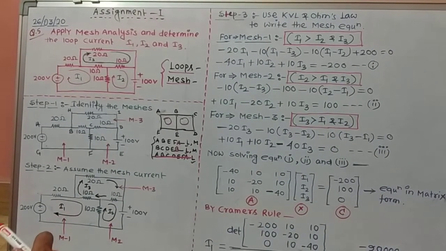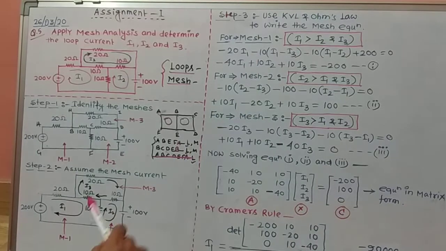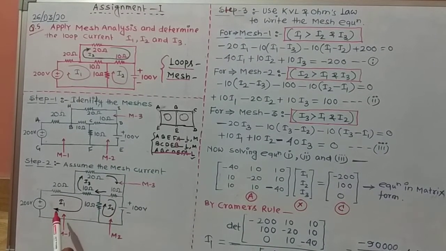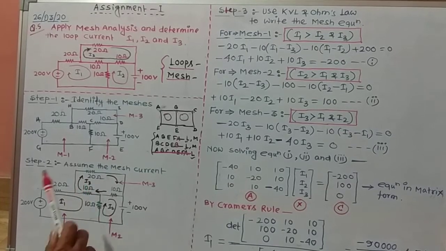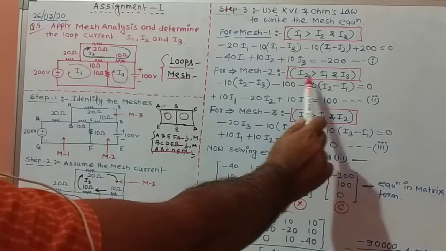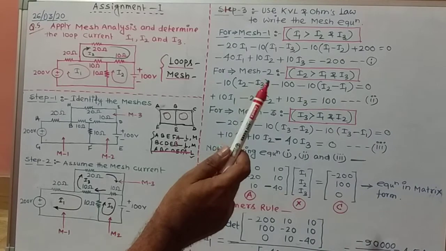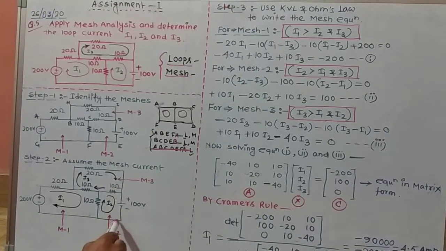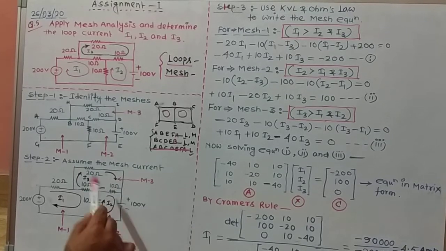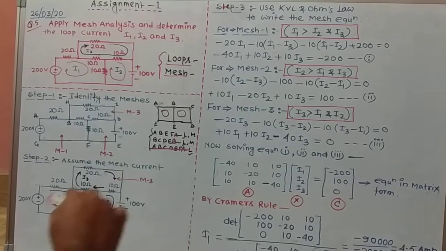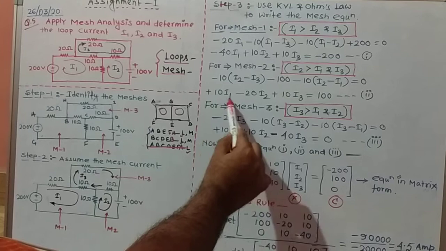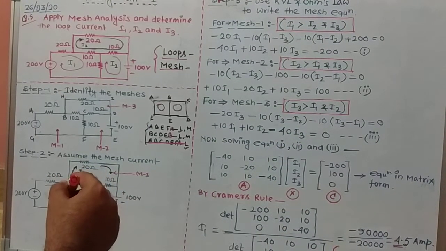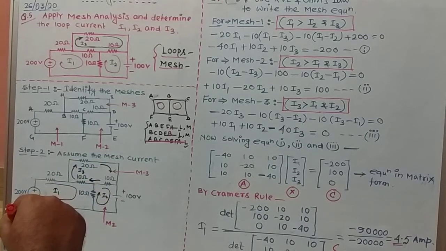Similarly, for mesh number 2, what is the assumption? I2 will be greater than I1 as well as I3. Here in the red box you can see I2 is greater than I1 and I3. Then you apply KVL to write the mesh equation. For mesh number 2 you will get this equation: 10I1 minus 20I2 plus 10I3 is equal to 100.